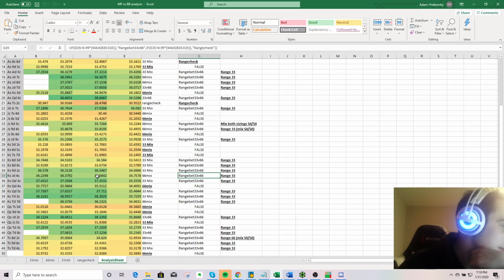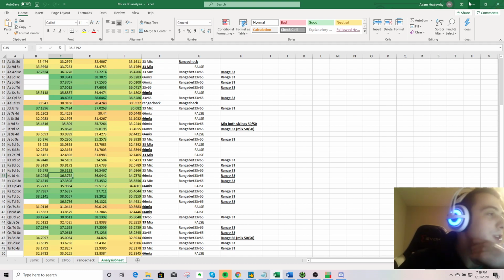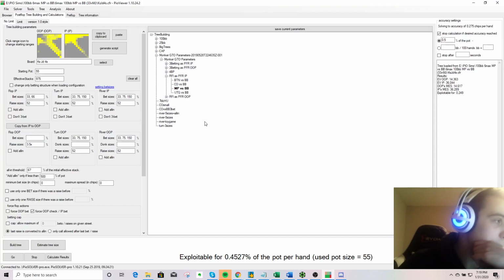Range betting, the EV is close enough to 66 mix, it seems. So yeah, just for simplification, range betting here. And pull up PO. So here it is.